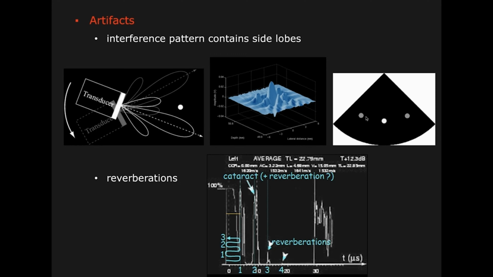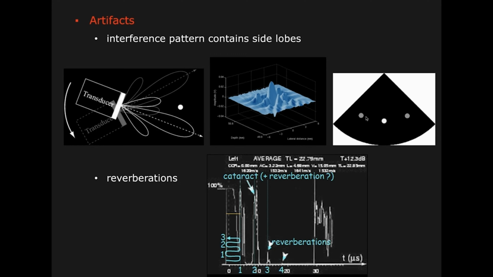So the pulse travels to an object, is being reflected by that object, but of course, the pulse that comes back to the transducer is actually also partially being reflected by the transducer. And if that was like a high amplitude pulse that was reflected to the transducer, then actually a secondary pulse is being reflected later on.